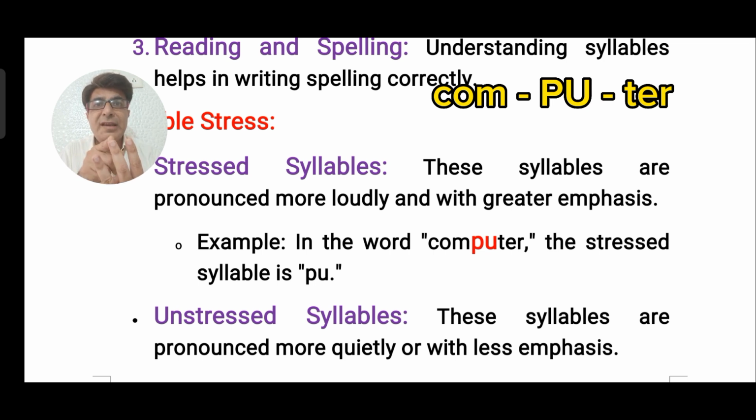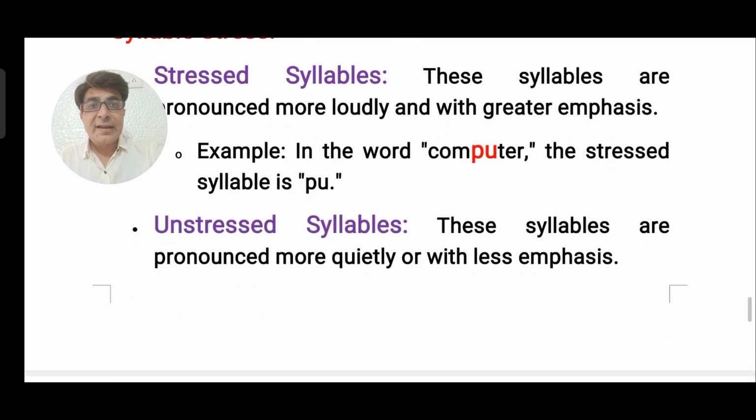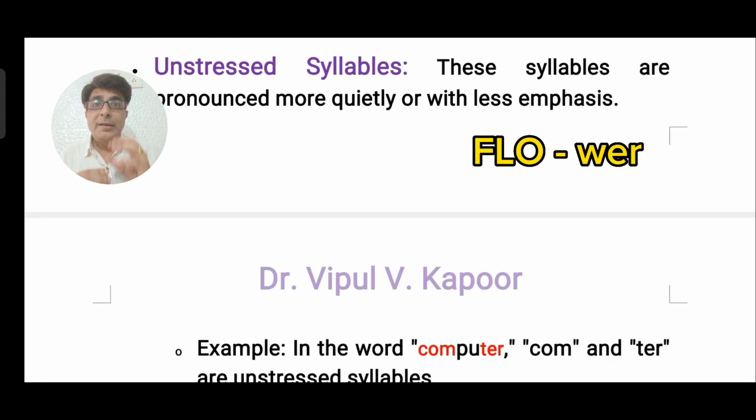But when you speak it in actual speech, generally the second syllable is stressed. So you say com-PU-ter. So pu is stressed and com is unstressed. When you say flower, the first syllable flow is stressed and er is unstressed.